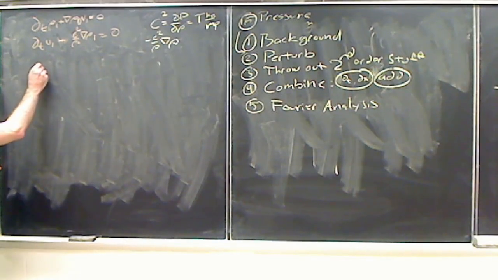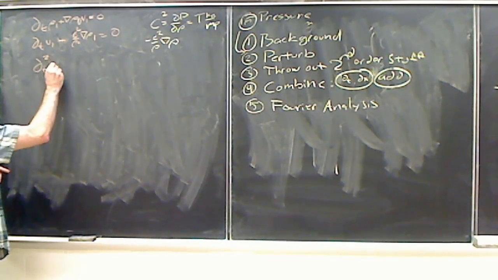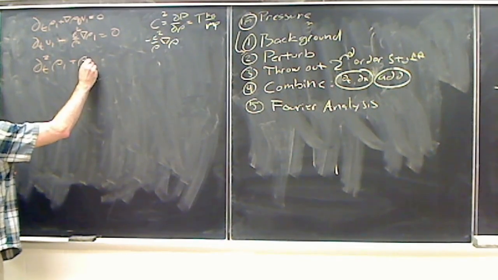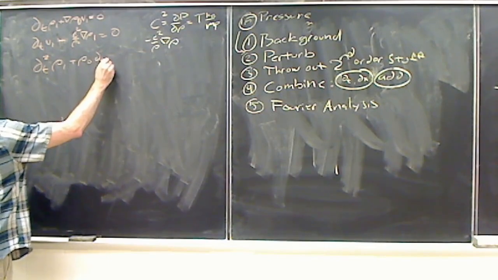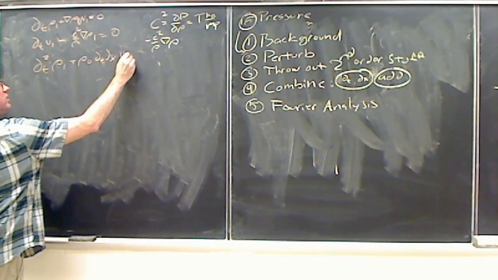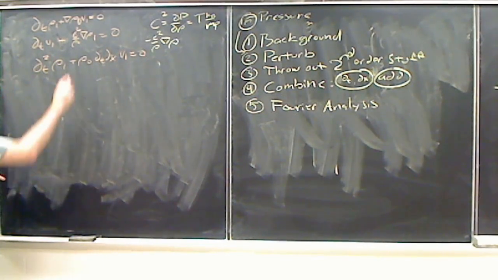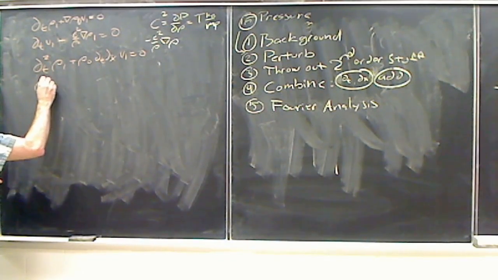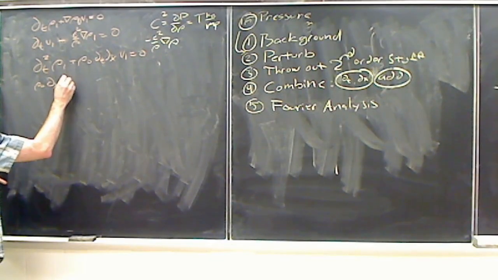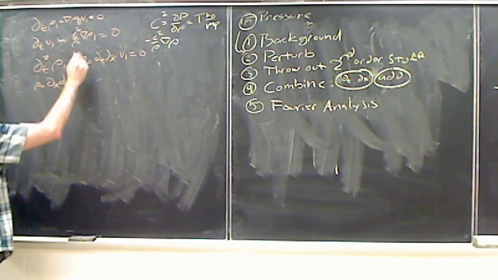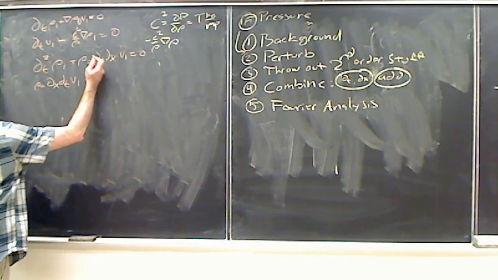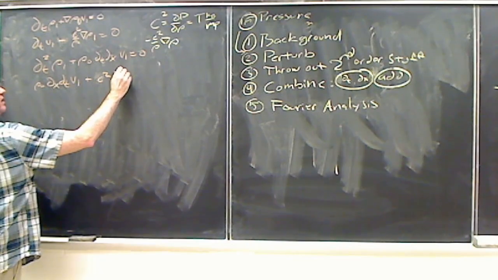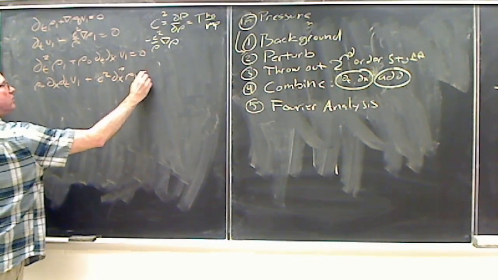So then I've got d by dt squared of rho 1 plus, let's pull that rho naught outside, d by dt d by dx of v1 equals 0. Let's multiply through by rho naught here. So I've got rho naught d by dx d by dt of v1 plus c squared d by dx squared of rho 1 equals 0.